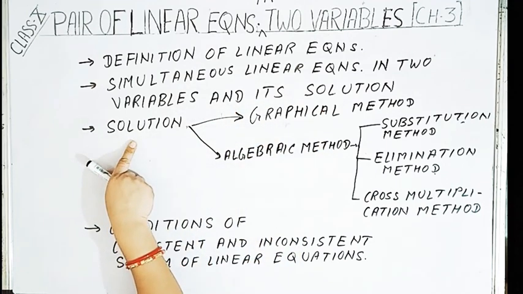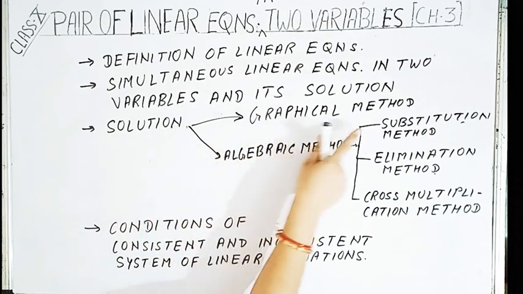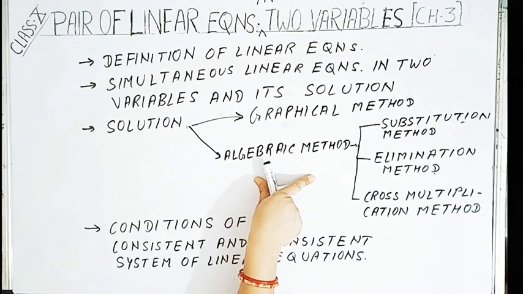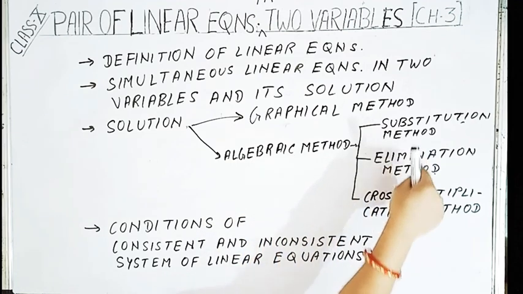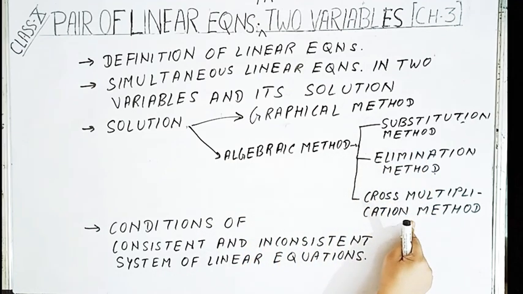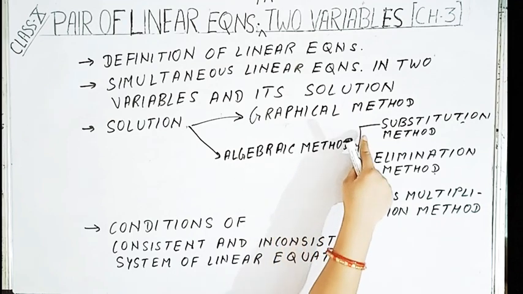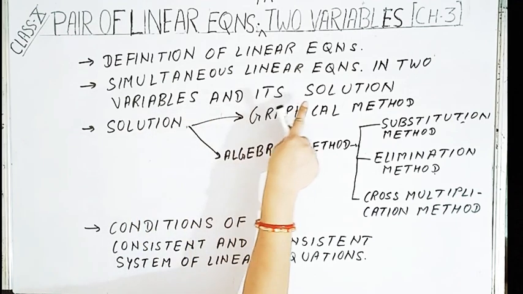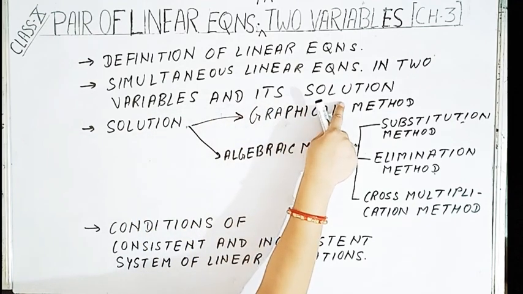In the solution part we will be discussing the graphical method and algebraic method. In algebraic method we will be doing substitution method, elimination method, cross multiplication method. 3 methods we will be doing under algebraic method. And at last we will be doing conditions of consistent and inconsistent system of linear equation. What is consistent and inconsistent we will be dealing in section 2 and its solution part.